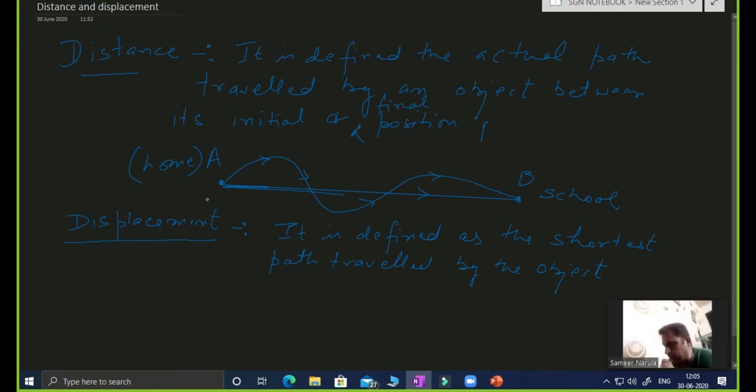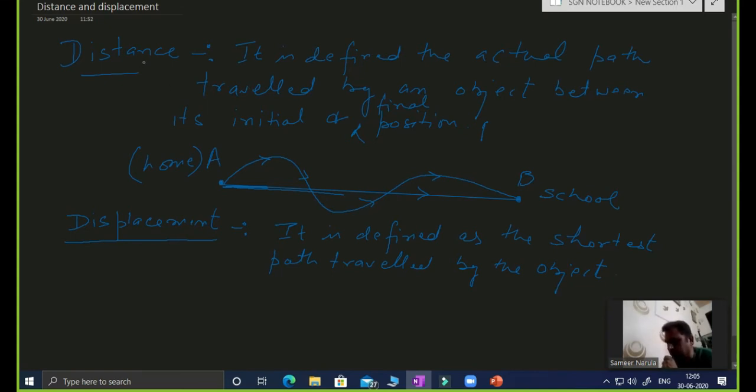It's very very important that a direction must be given. If you want to see what is the shorter distance between A and B, you need to define it by the direction also.